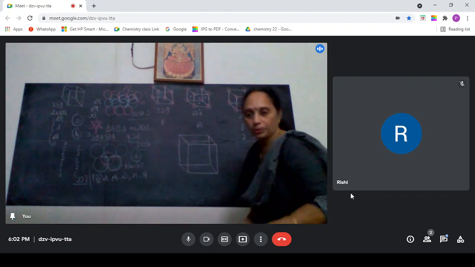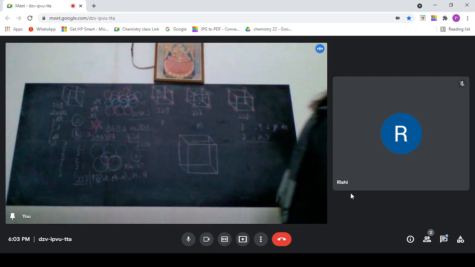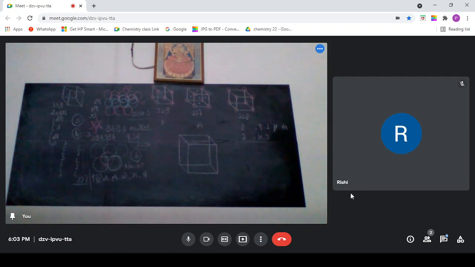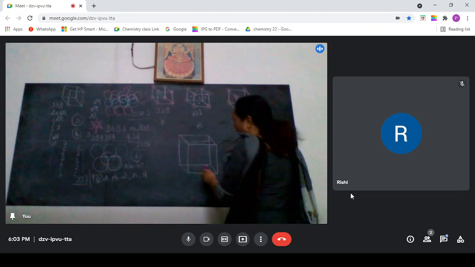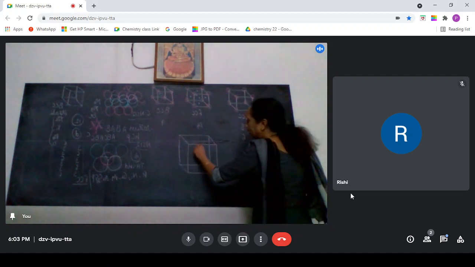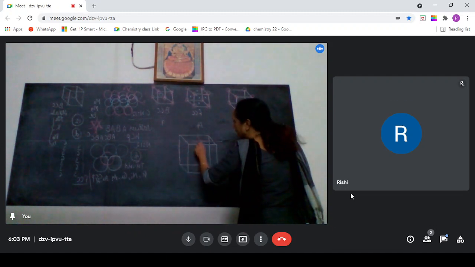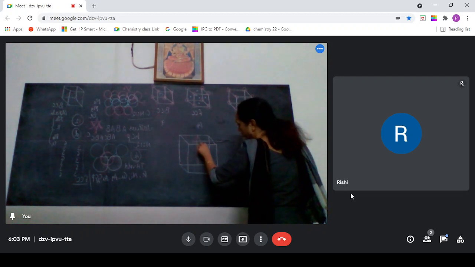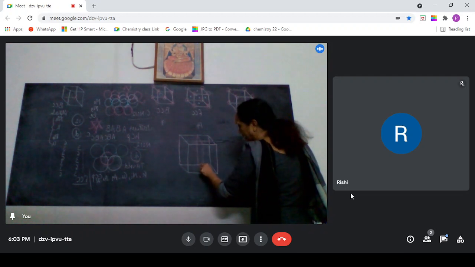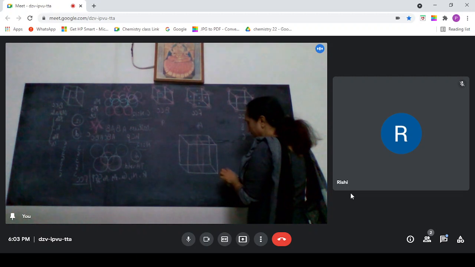Okay, this is the cube. I need one more color. See, you write the cube and then you cut the cube like this, in 3 dimensions.